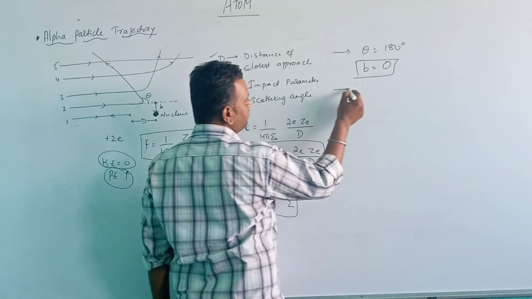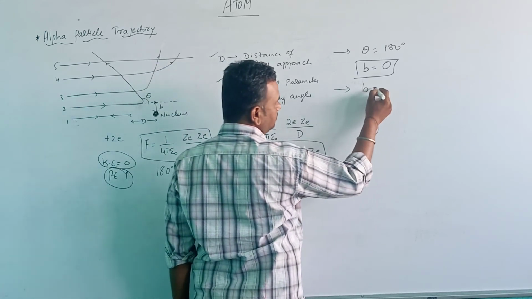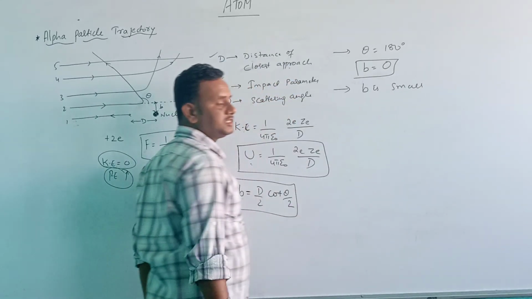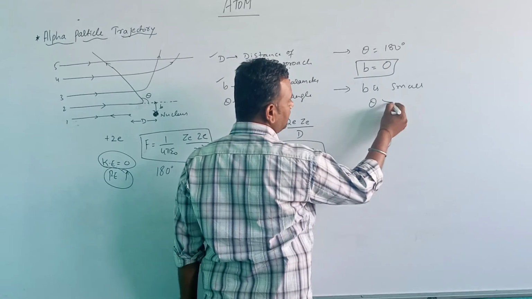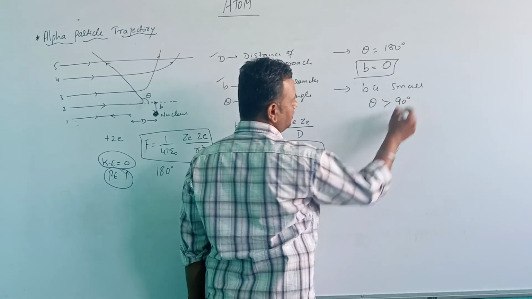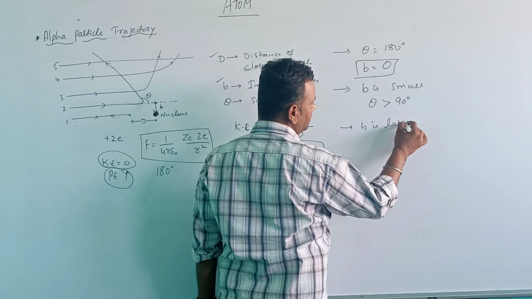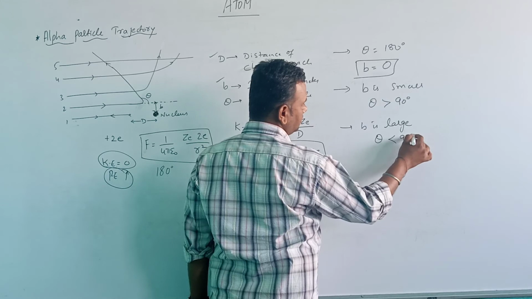Now, the impact parameter b is small when theta is greater than 90 degrees, and b is large when theta is less than 90 degrees.